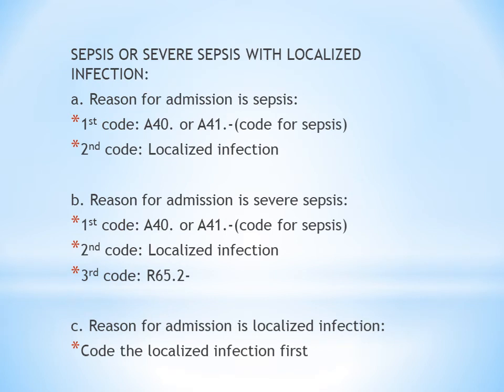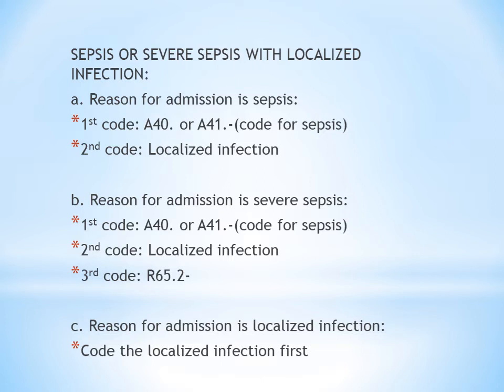Next is sepsis or severe sepsis with a localized infection. If any localized infection, for example pneumonia or cellulitis, is present along with sepsis or severe sepsis, how do you sequence the conditions? You have to look at the reason for admission.